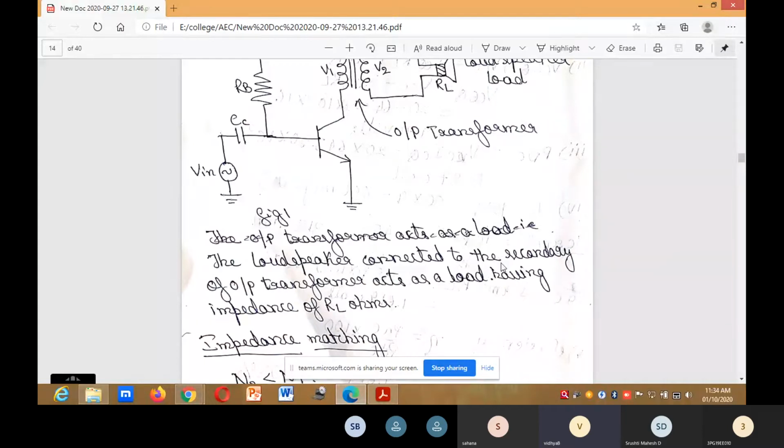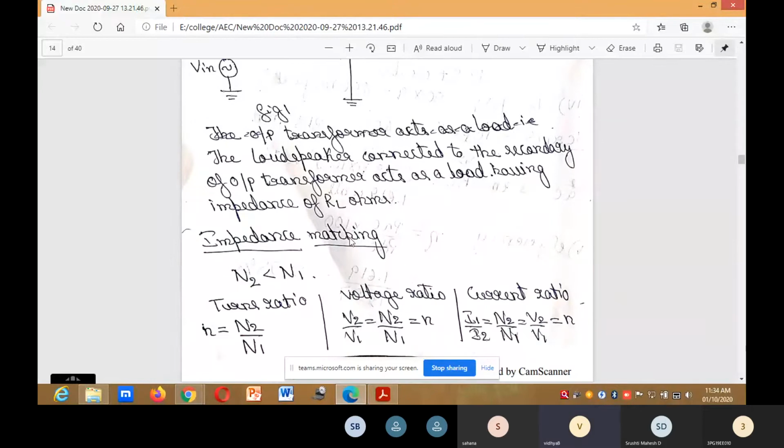The loudspeaker is connected to the secondary of the output transformer and acts as a load having impedance of RL ohms. For impedance matching, N2 is greater than N1. The turns ratio is N equal to N2 divided by N1.